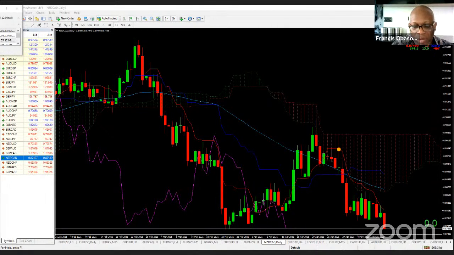If we are going to take one or two trades, we definitely want the very best setup. So that makes it two that I am watching now: New Zealand Canadian dollar, as well as Euro Canadian dollar.